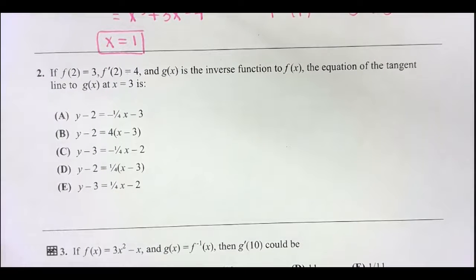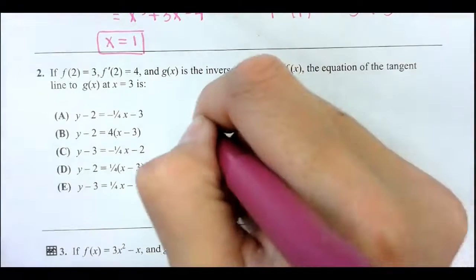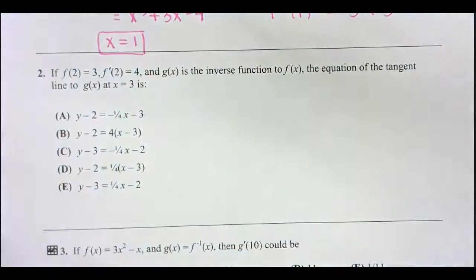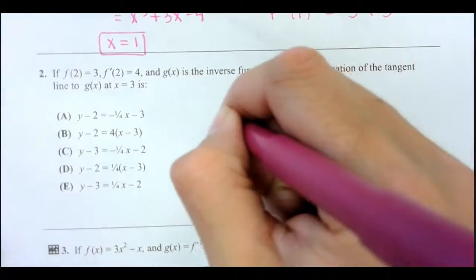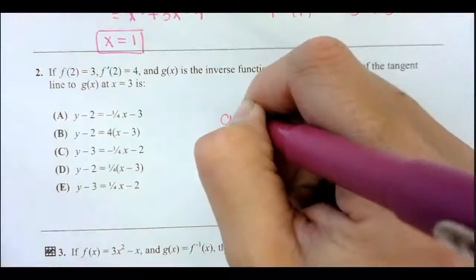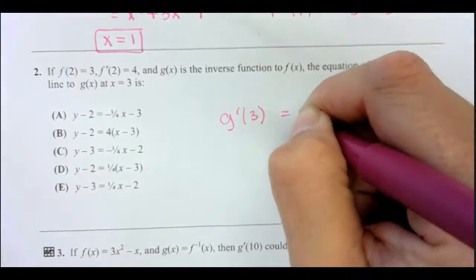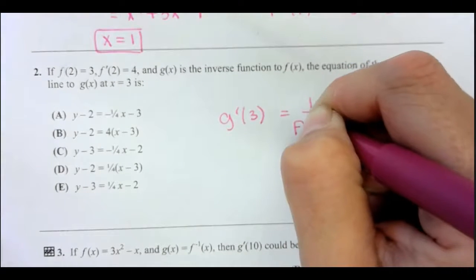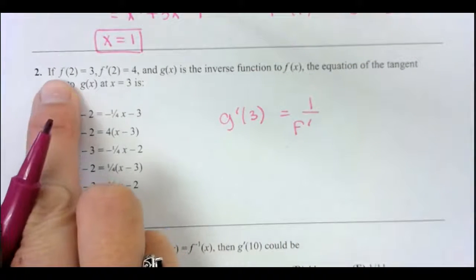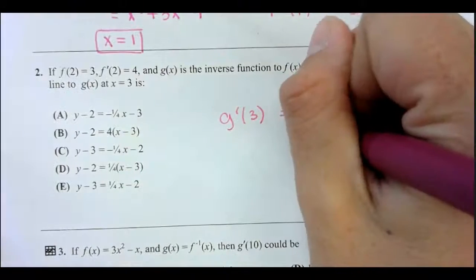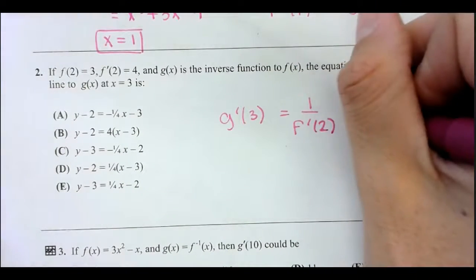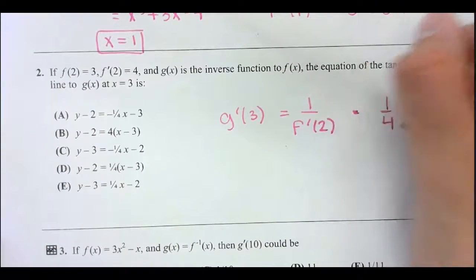F of 2 equals 3, f prime of 2 equals 4, g of x at x equals 3. So again, that is the y value of the original. So if we're trying to find g prime of 3, that's equal to 1 over f prime of 2. So that's equal to 1/4.